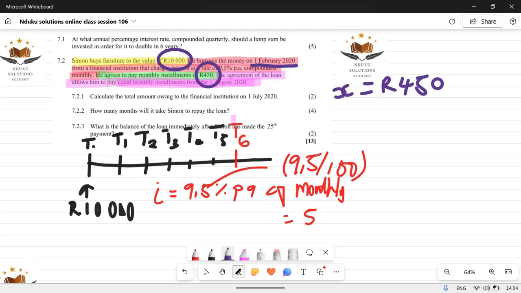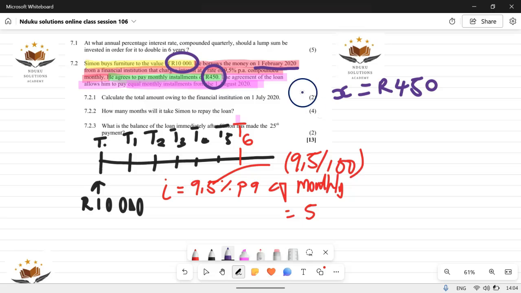The formula sheet will give us the formula. Let me move down just a bit for space. Please capture the question. We're looking for N, and our X is 450. The interest rate is here, so we're just looking for the value of N, and the present value is the amount that we got from the previous question.